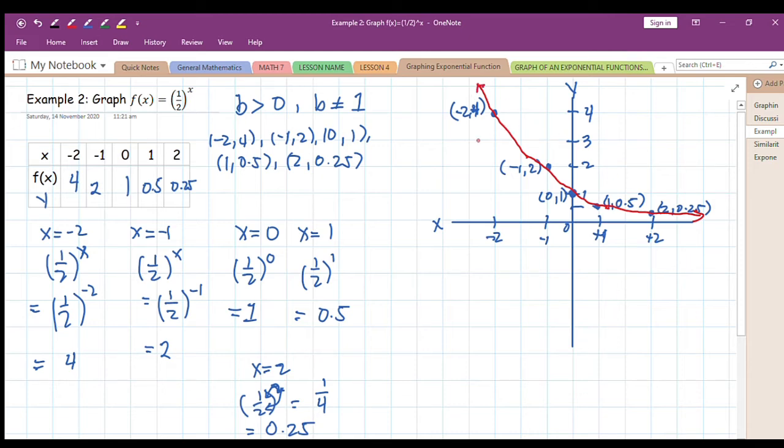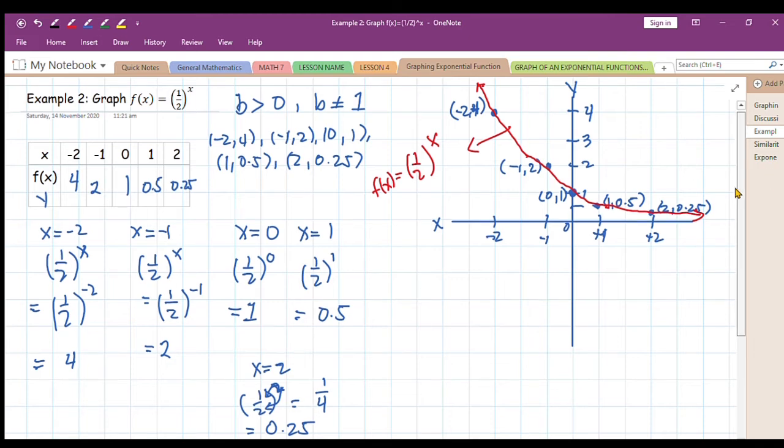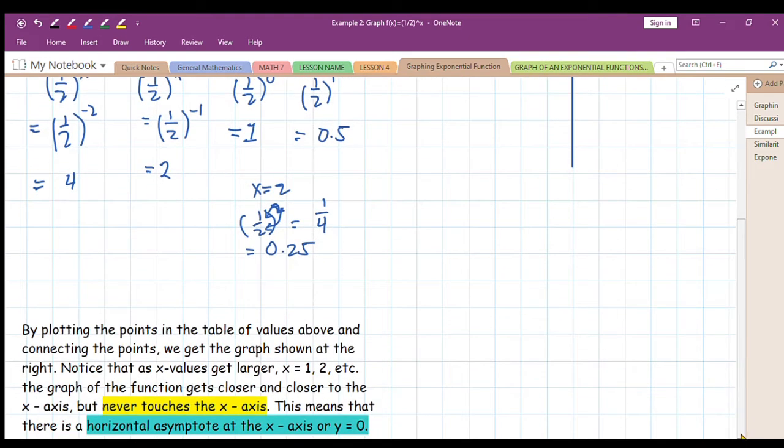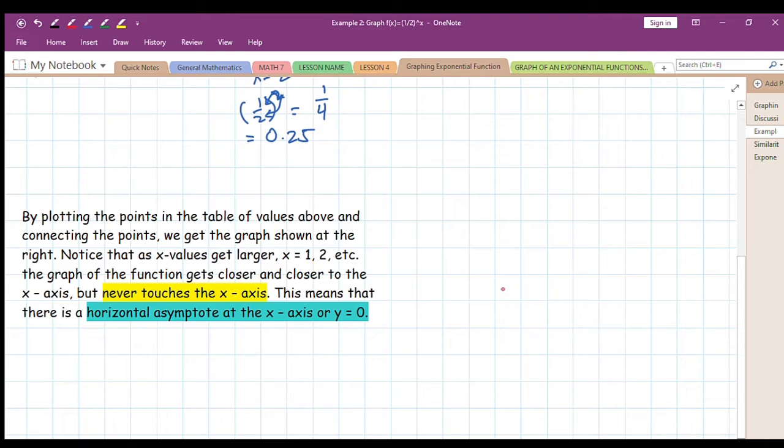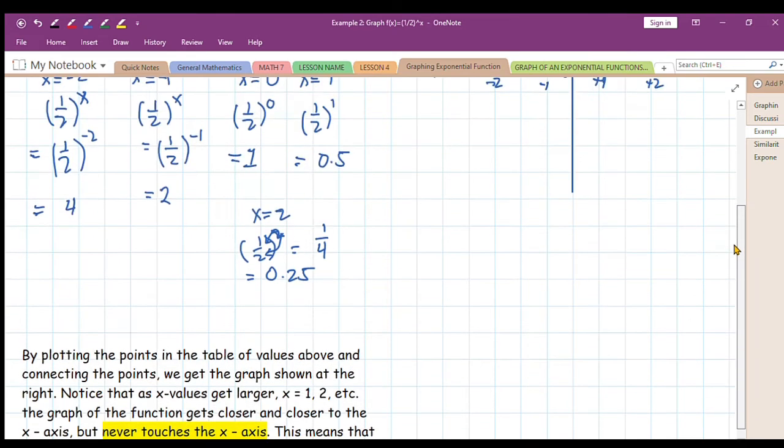This graph is 1/2 raised to x, or f of x is equal to 1/2 raised to x. So this implies that by plotting the points in the table of values above and connecting these points, we get the graph shown above, or right here.